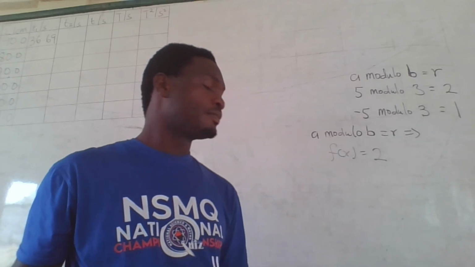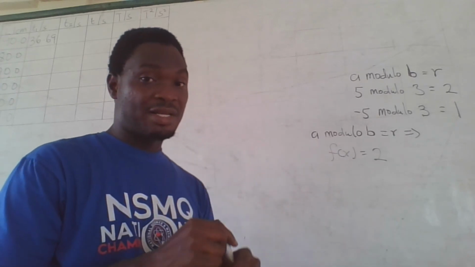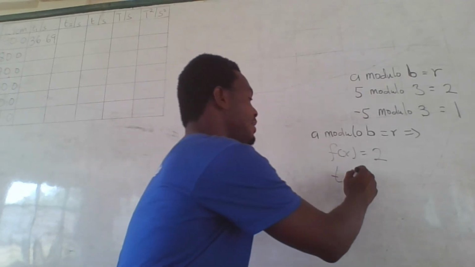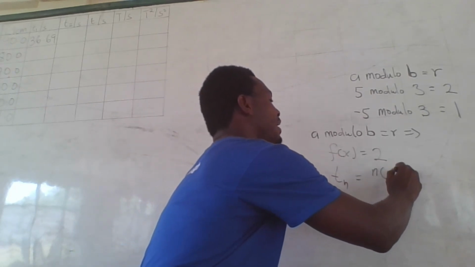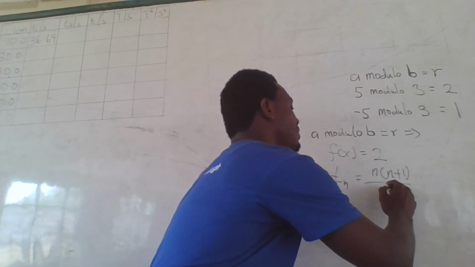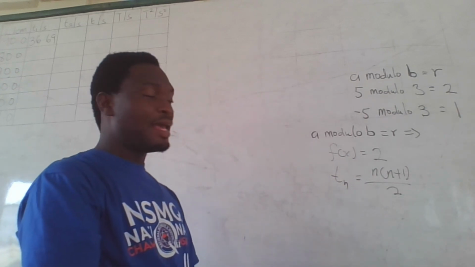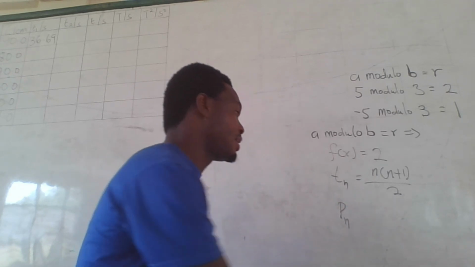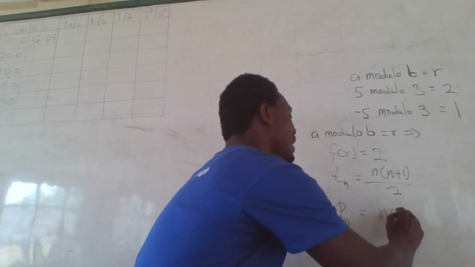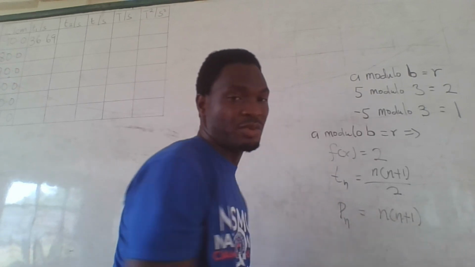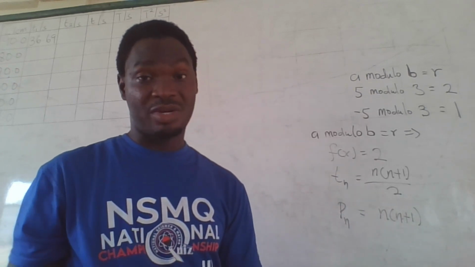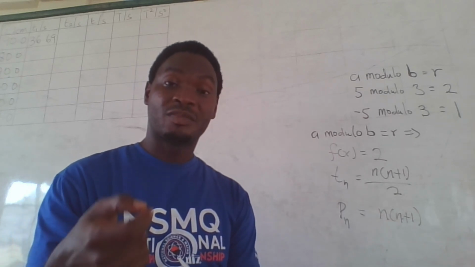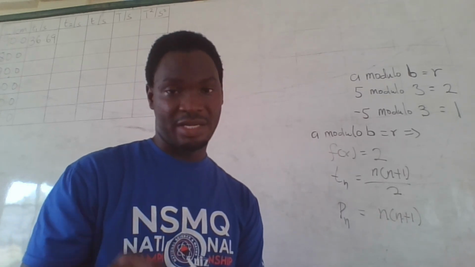For example, when we tell you that the nth triangular number is generated from the formula n multiplying n plus 1 divided by 2, and we also tell you that the nth pronic number is generated from n multiplying n plus 1, you must begin to ask yourself, what is the relationship between triangular numbers and pronic numbers?